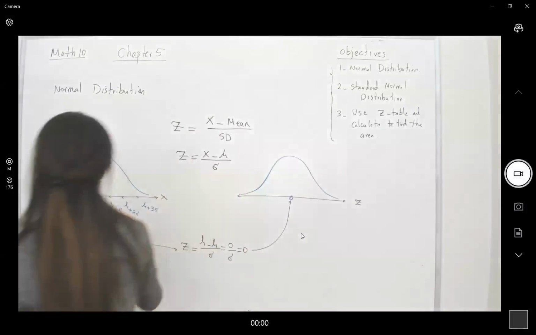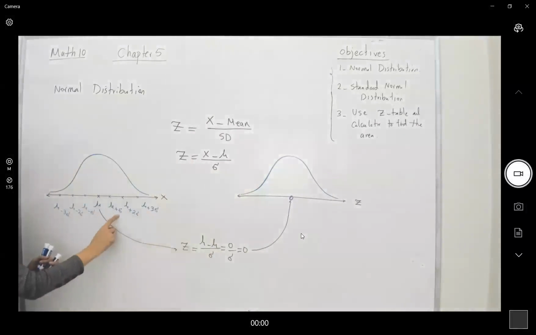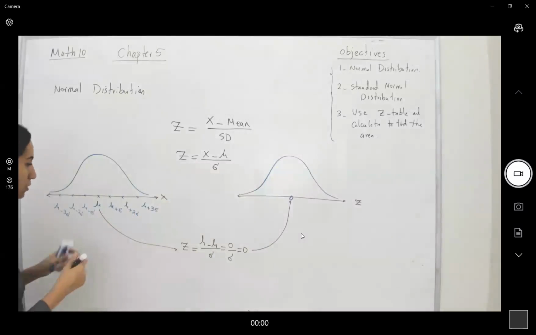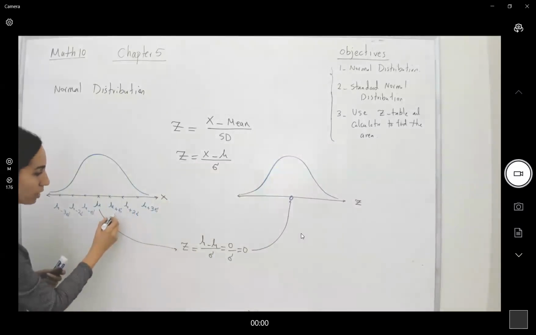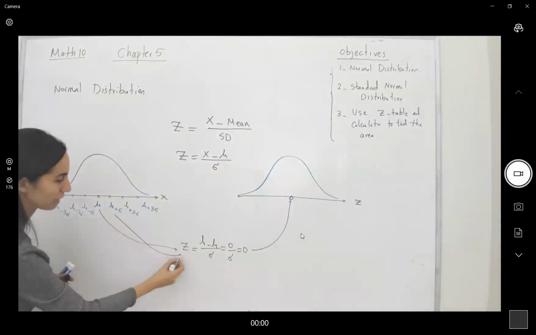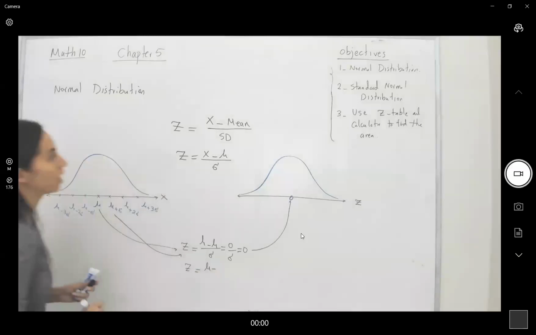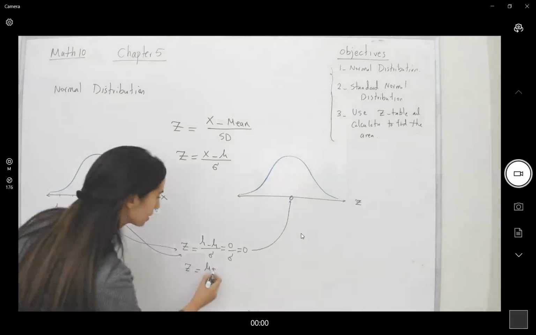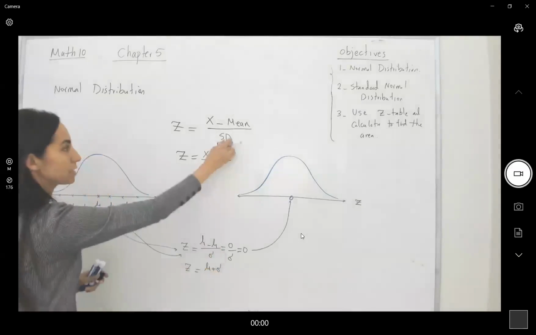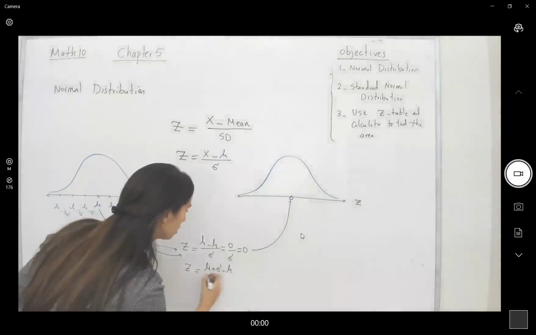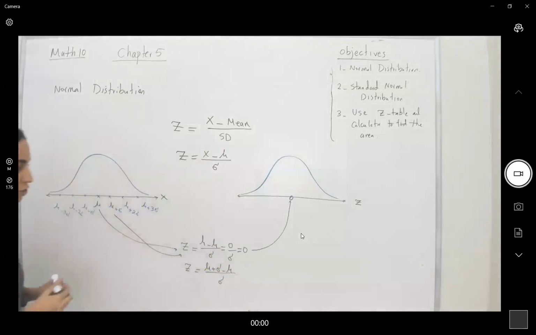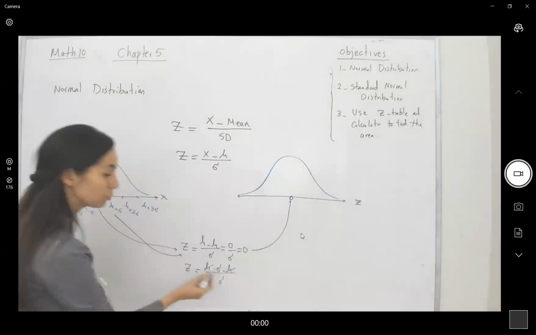Let's take a look at another number here: mu plus 1 standard deviation. I'm going to punch that in here. I have z equals mu plus 1 standard deviation minus the mean, mu, divided by standard deviation. Mu minus mu is equal to 0.